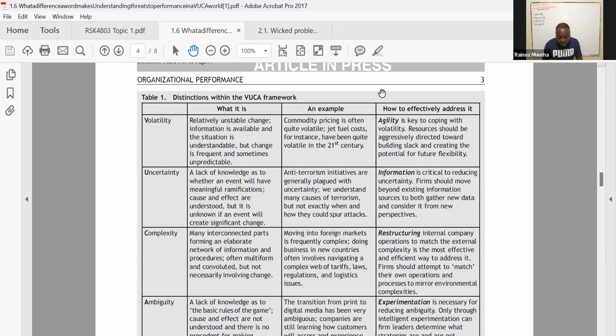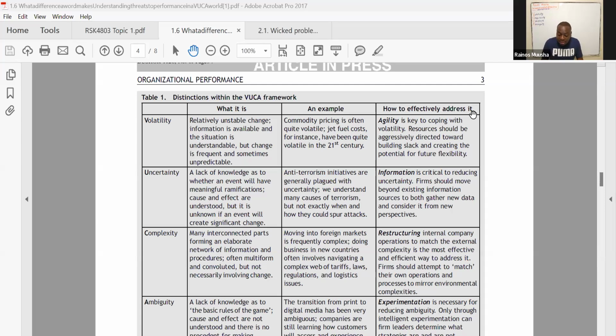They also give an example, where they say commodity pricing is often quite volatile. For example, jet fuel costs have been quite volatile in the 21st century. And then how to effectively address it?